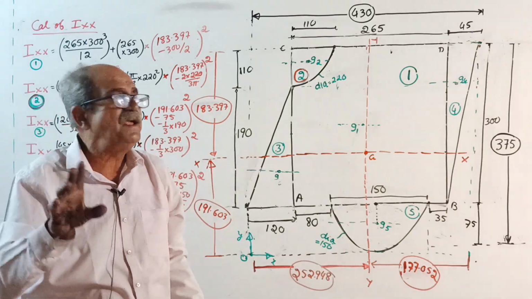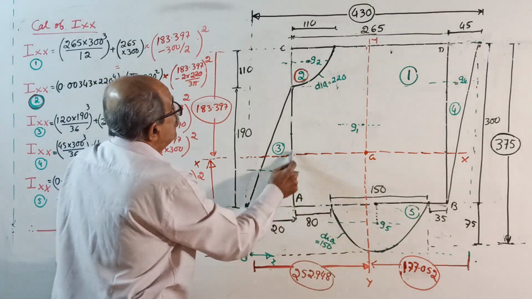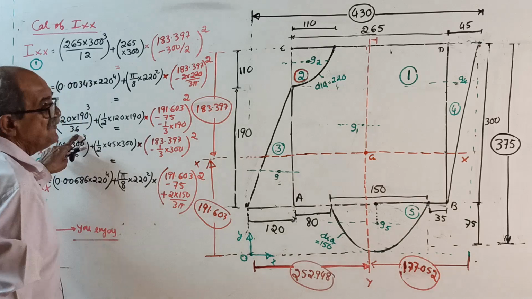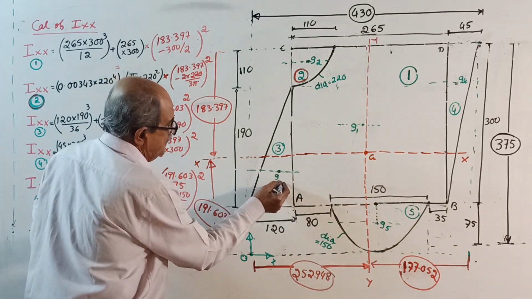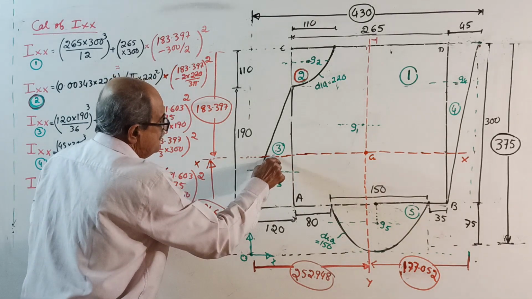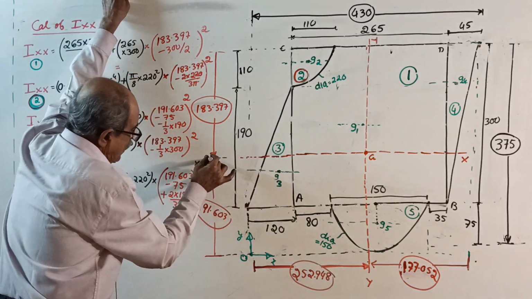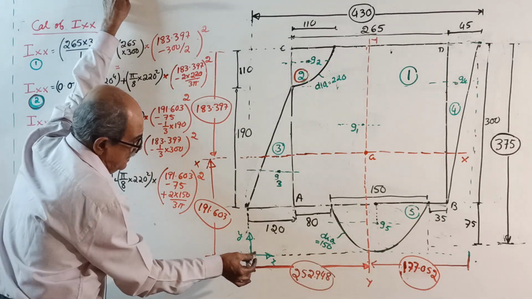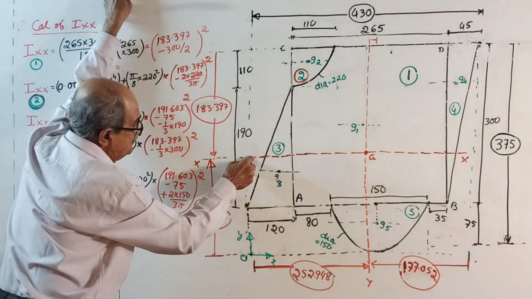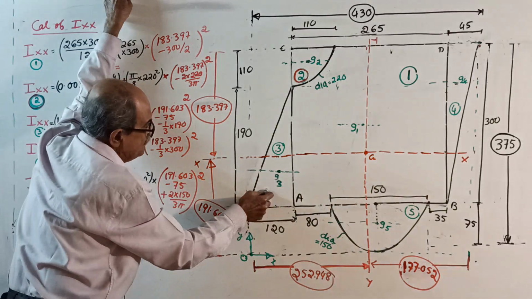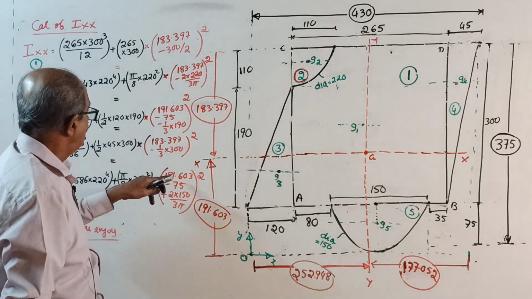This I told you so many times. So 120 base, the parallel side, into 190 cube divided by 36, triangle, plus area into the distance from centroid G3 to Xx. See, this distance square is 191.603 minus 75. See the 75 there? You got this distance. Again minus 1 by 3 of 190.